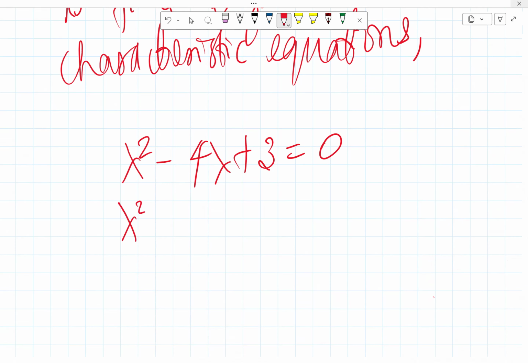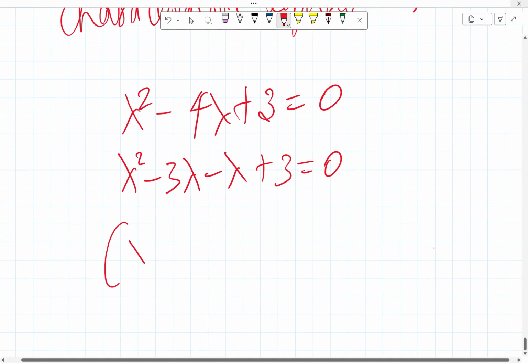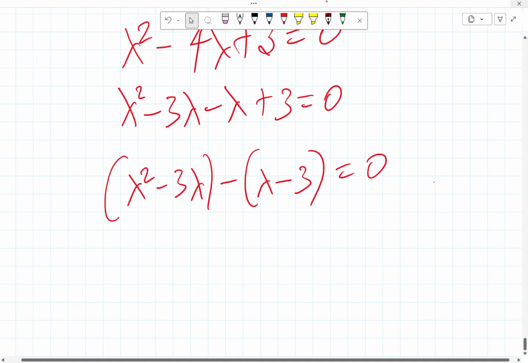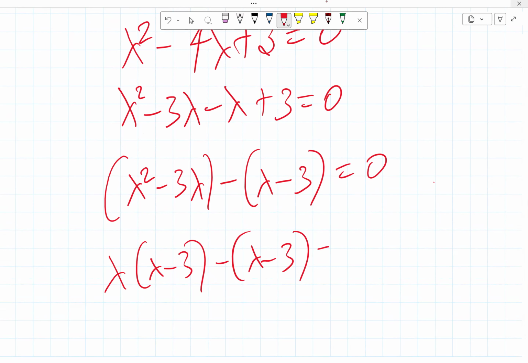So you have lambda squared minus 3 lambda minus lambda plus 3 equals 0. We can then group: lambda squared minus 3 lambda, minus lambda plus 3, because the minus is outside, this becomes minus 3 inside. So lambda into lambda minus 3, minus, lambda minus 3 equals 0.